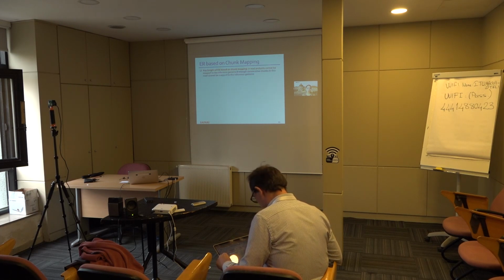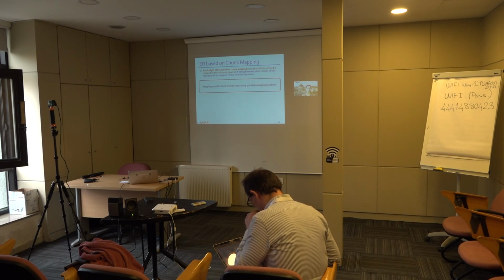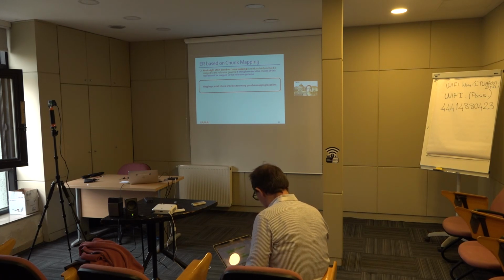For the early rejection based on chunk mapping, the key insight is that a read cannot be mapped to the reference genome if enough consecutive chunks in this read cannot be mapped to the reference genome. So if we map a small number of small chunks, it can provide too many possible mapping locations.